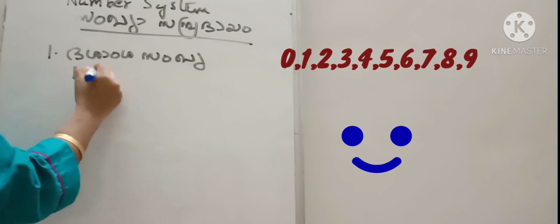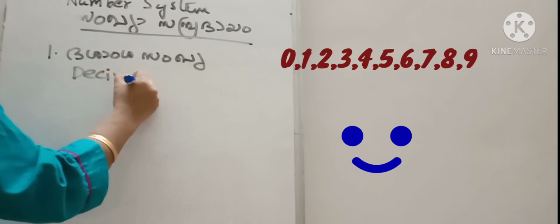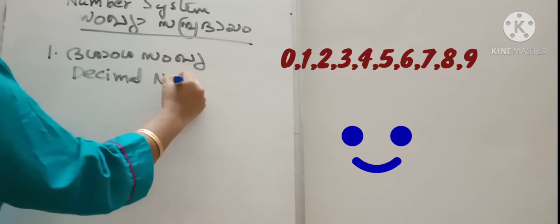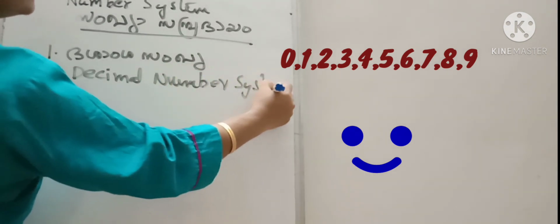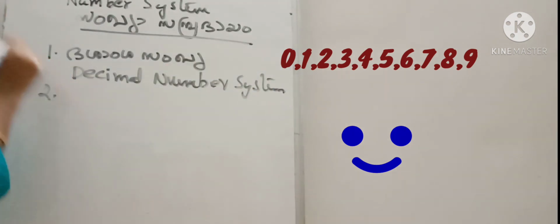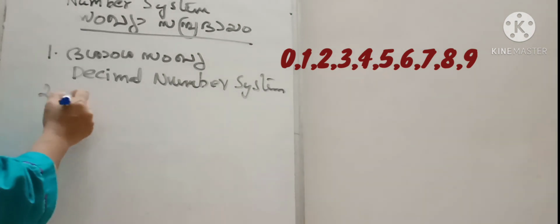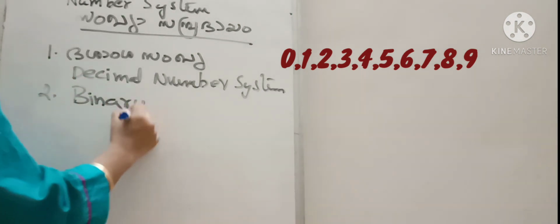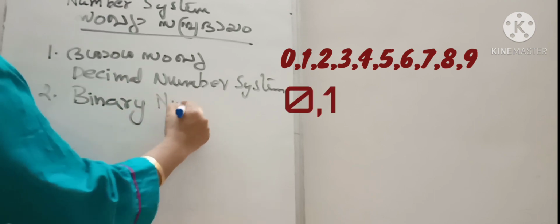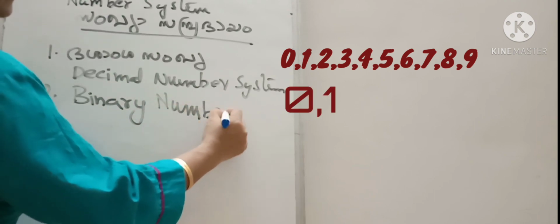Here we use total 10 digits for this number system, namely 0, 1, 2, 3, 4, 5, 6, 7, 8, 9. Okay. And in binary number system, we use 2 digits, 0 and 1.